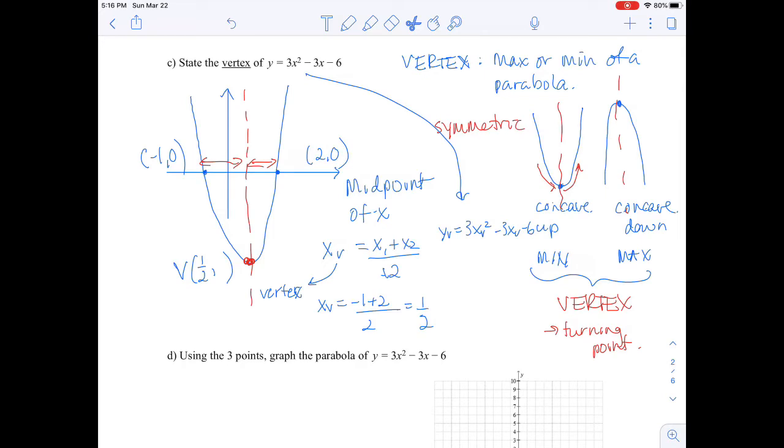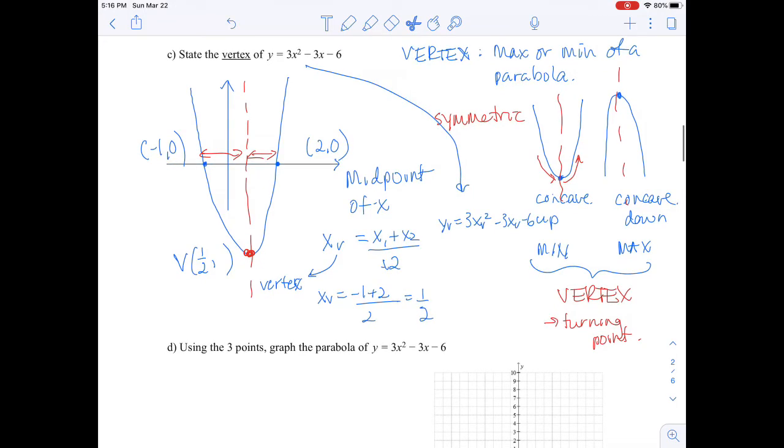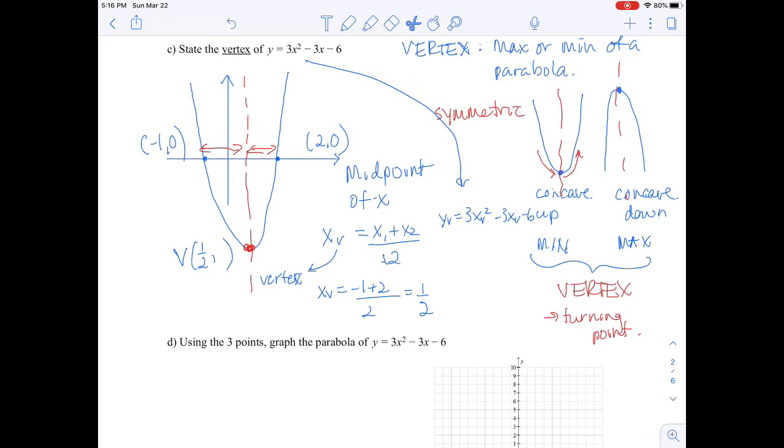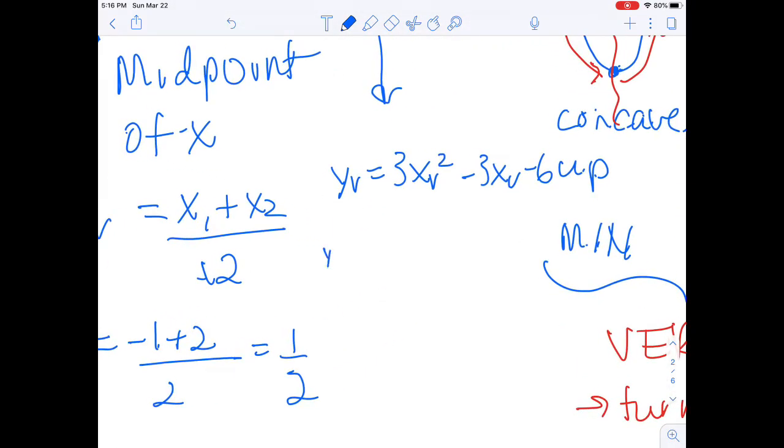So from here, what I can do is just sub in the xv value. So I get yv. I'm going to zoom in a bit. So I get yv equals 3 times 1/2 squared minus 3 times 1/2 minus 6. Okay, so that gets us 3/4 minus 3/2 minus 6.